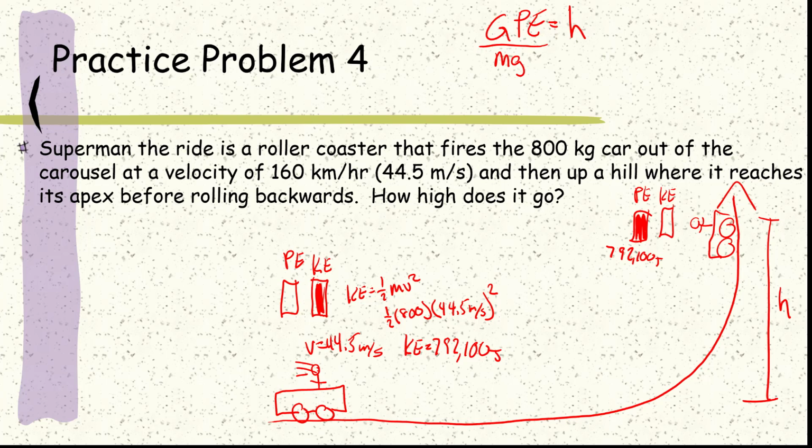So, let's go ahead and plug those in. 792,100 joules over 800 kilograms times 10 newtons per kilogram. That gets a height of just about 99 meters. All right, don't forget to do the questions that follow.